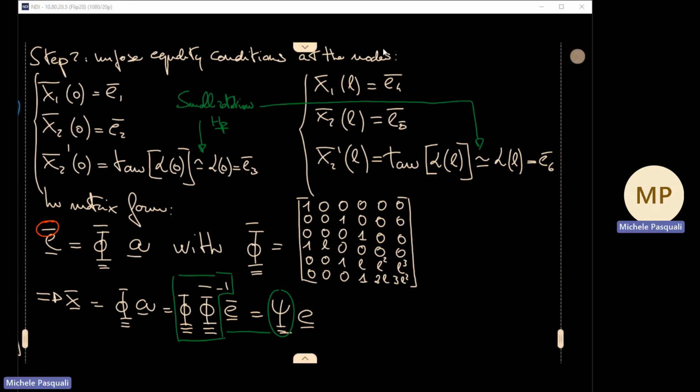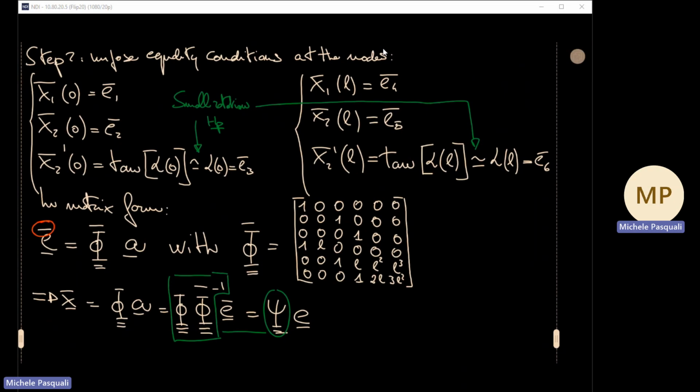Let me just write for you this psi matrix. Not sure if I have enough space here. I'll try.